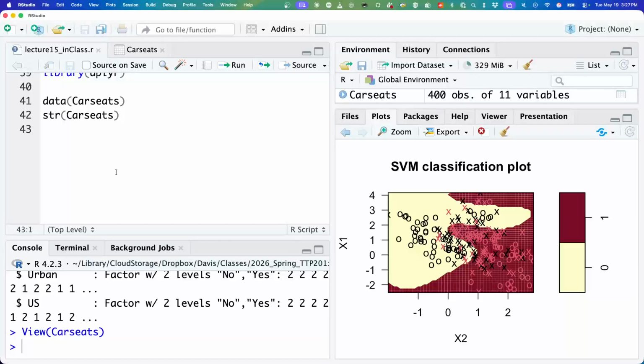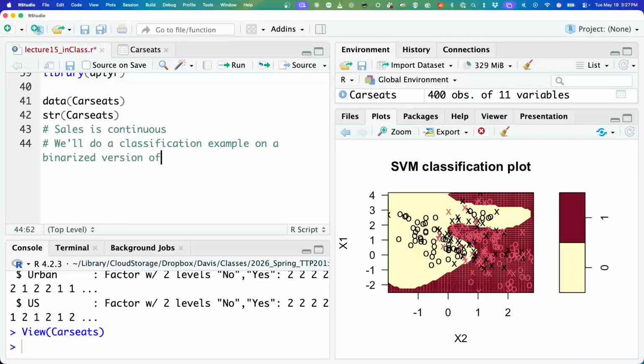So sales is continuous. We'll do a classification example on a binarized version of the data. Then we'll do a regression example on sales.